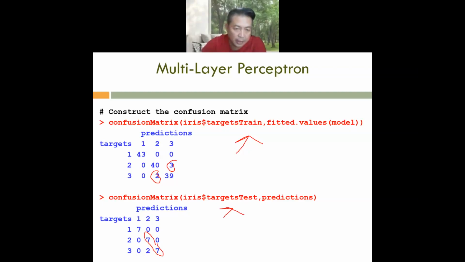So this is okay. And this is the one that is the error here. We don't count this one because this is considered as between the two classes. So we just ignore that.